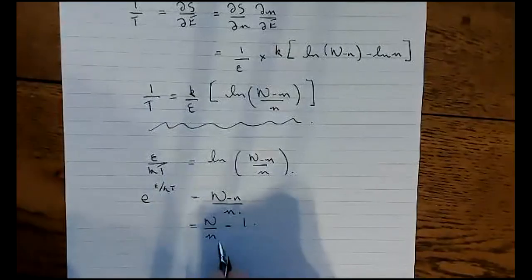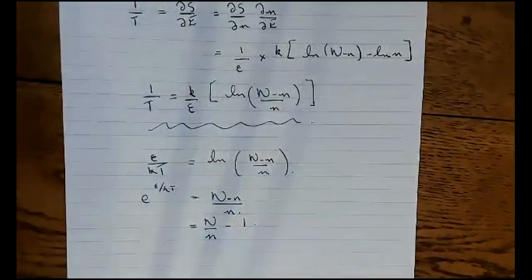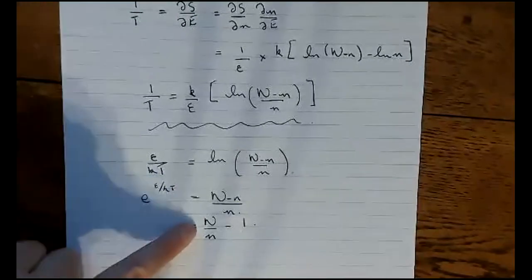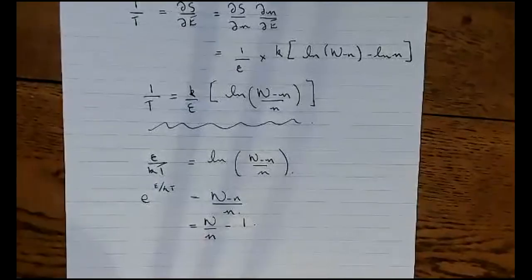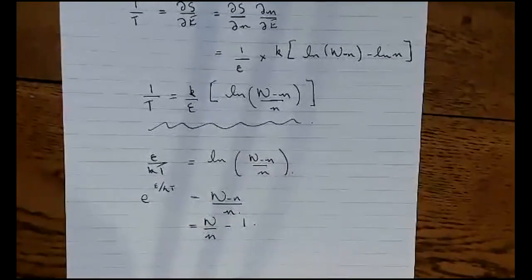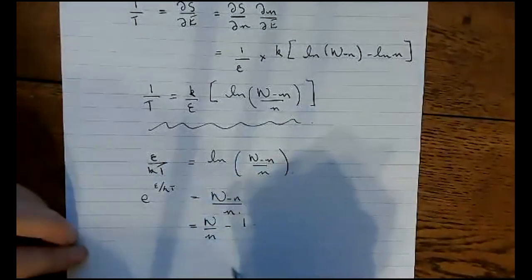And this is good because we've got this thing, big N over little n. And if we flip that over, that's going to give us the number density of defects. Because remember, big N is the number of atoms in the crystal and little n is the number of defects. So little n over big N is the number density of defects. And that sounds like a useful thing to be able to calculate. Okay, so let's just tidy it up a bit.